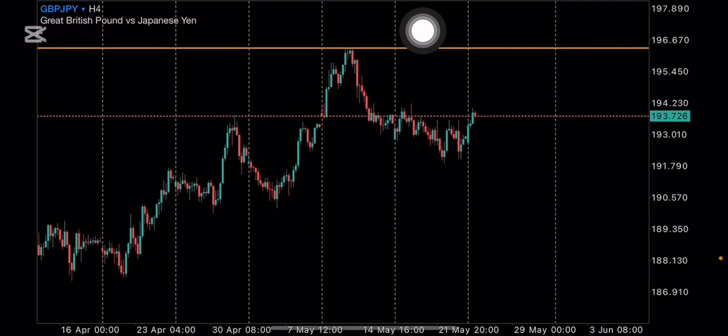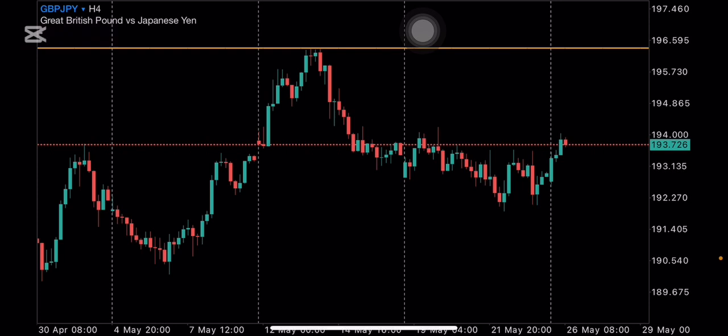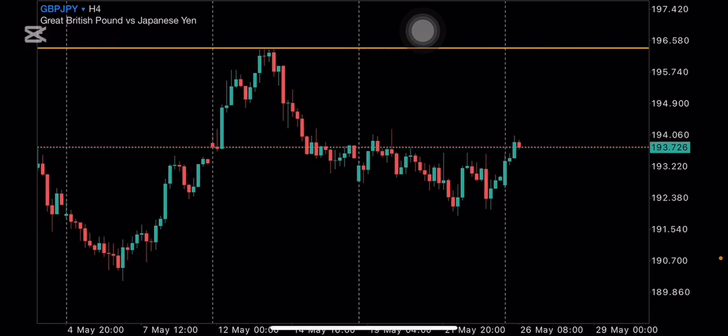This high above here, which I've marked with my yellow horizontal line, is our overall target. So what we are going to do is study how price is going to react from here. Price has already started making highs, and it has created this higher high.